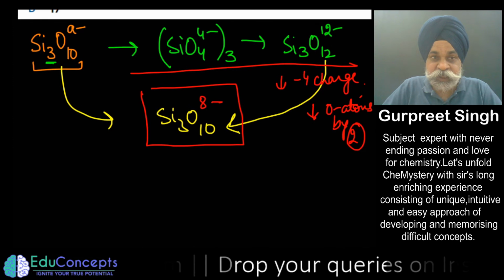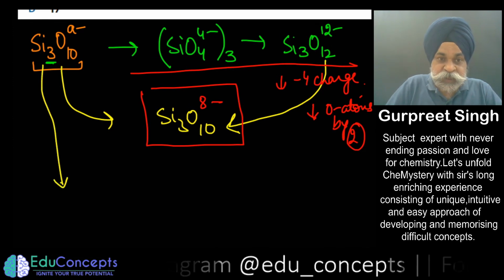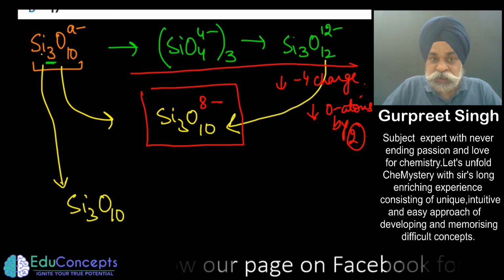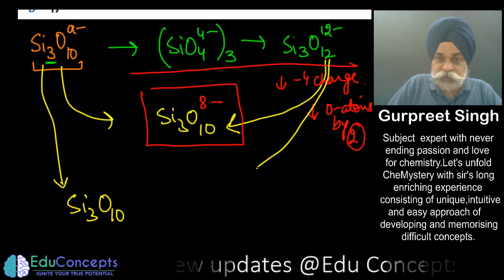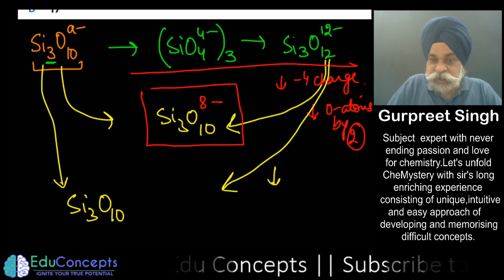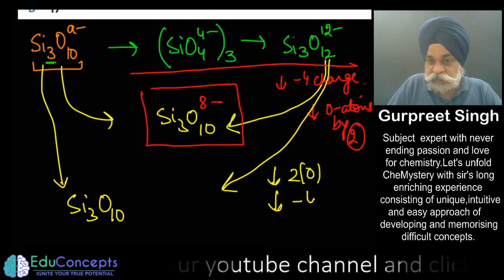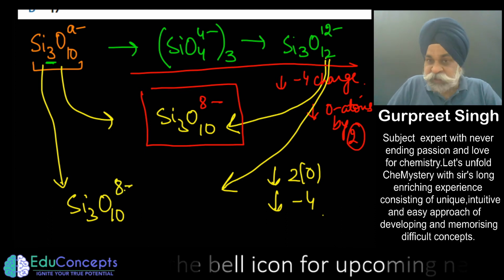What I did is that I made this Si3O10. The oxygen atoms decreased from 12, so a decrease of 2 oxygen atoms means the negative charge decreases by 4. So here comes the 8 negative. This is what we have done.